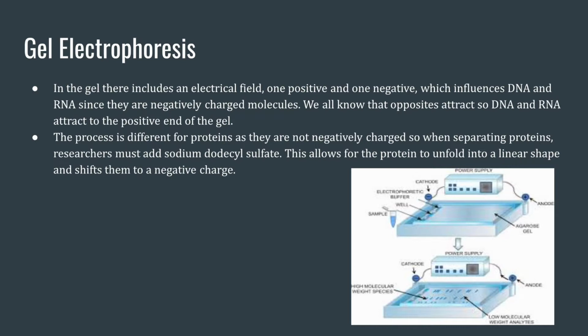And for proteins, this is different. Since proteins are not negatively charged, researchers must add sodium dodecyl sulfate, I don't know how to pronounce that. Basically, this allows the protein to unfold into a linear shape, and in turn gives them a negative charge.